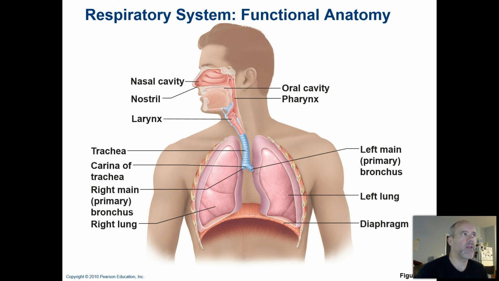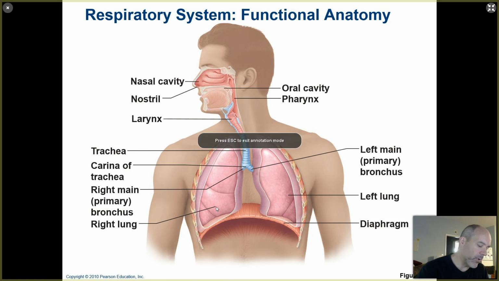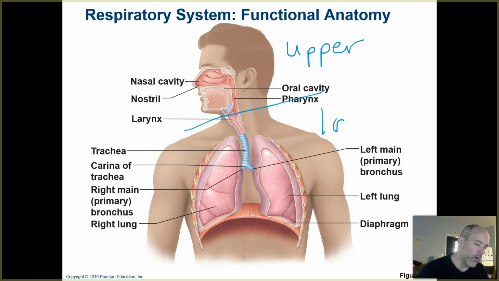Okay, so you will be learning the anatomy over on the anatomy side for the respiratory system. I do want to point out that the respiratory system is divided up into the upper respiratory tract and the lower respiratory tract. And you're going to hear those terms used fairly frequently because you're going to hear about people having upper respiratory tract infections and lower respiratory tract infections.